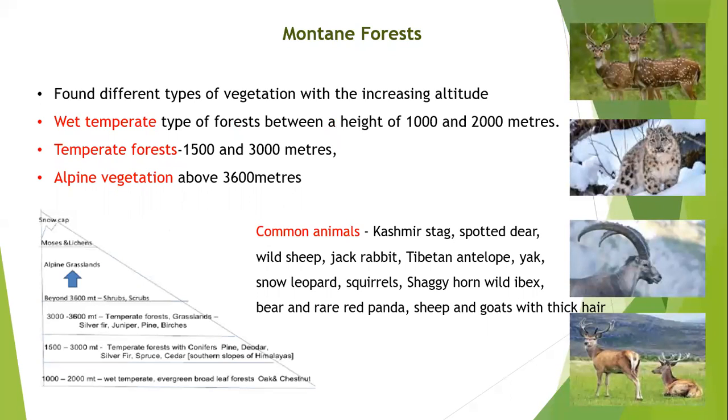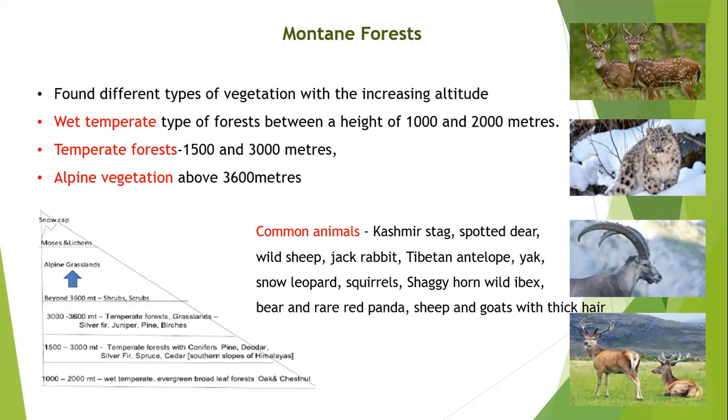Between the height of 1,000 to 2,000 meters, we find evergreen broadleaf trees like oaks and chestnuts. Between 1,500 to 3,000 meters, temperate forests containing coniferous trees like pine, deodar, silver fir, spruce, and cedar are found.